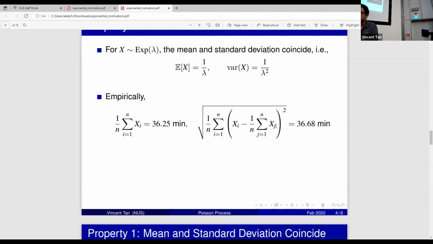Then you compute their empirical standard deviation, which means you pretend that the data is what it is, estimate the variance, and then take the square root. And then you see that these two numbers are almost the same. So that corroborates that the inter-arrival times follow an exponential random variable, because for an exponential random variable the standard deviation and the mean coincide.